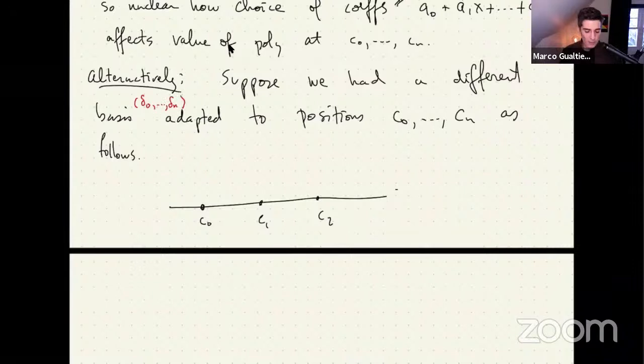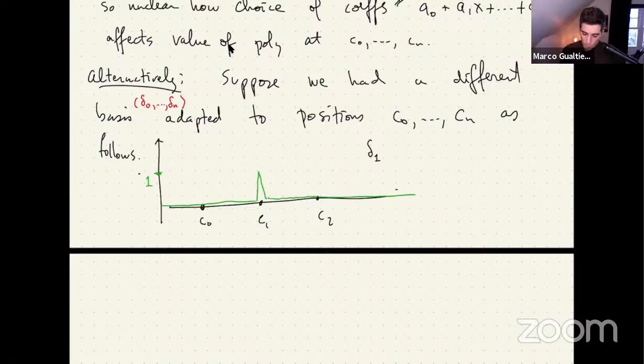Okay, and let me draw a graph of delta 1. So delta 1 is the polynomial that has value 0 here, but value 1 here, and 0 elsewhere.